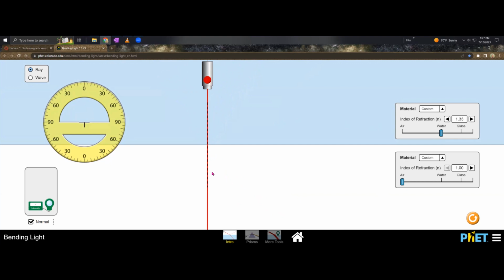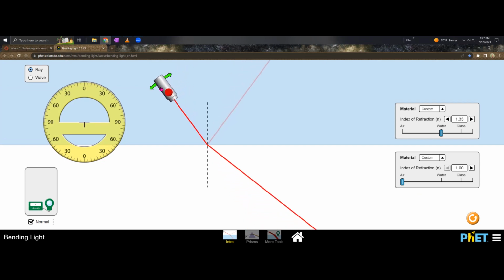But now, if I start at a higher index going to a lower index, and I move it, you can actually see that this refracted ray is bending away from the normal.